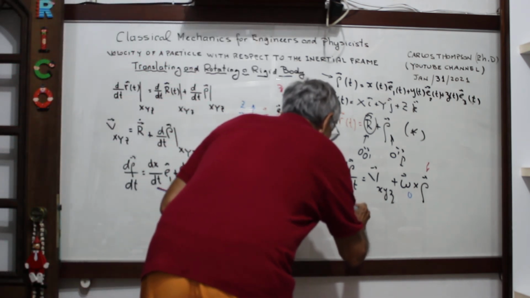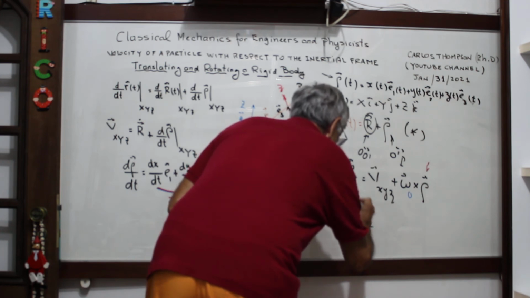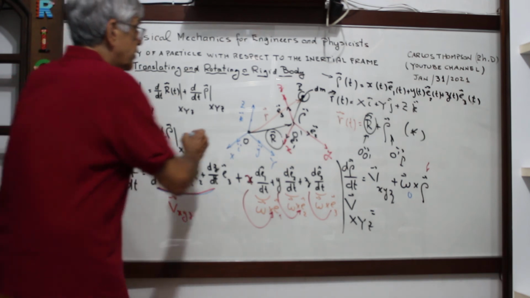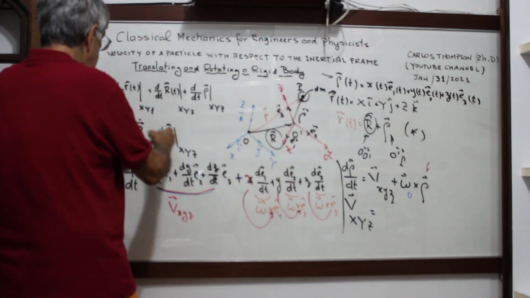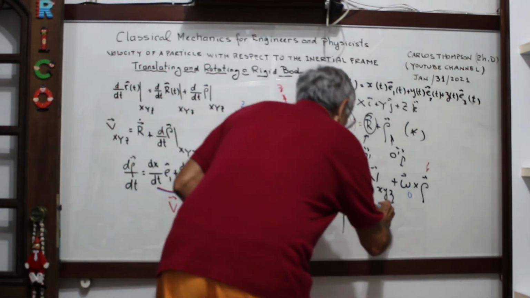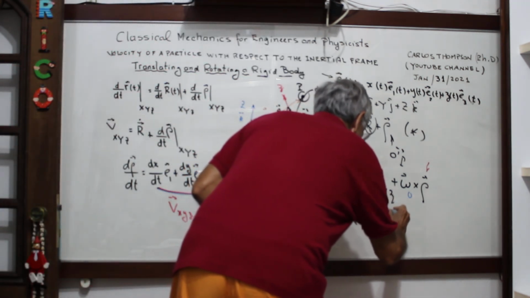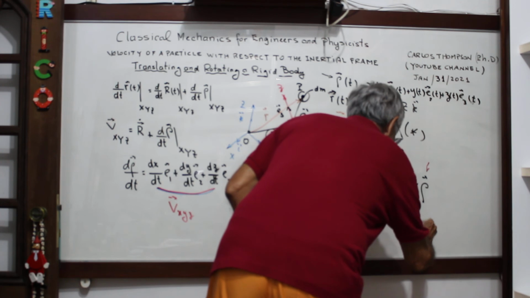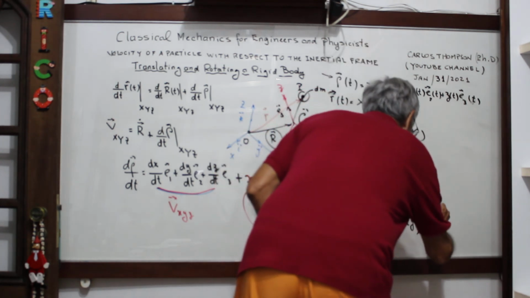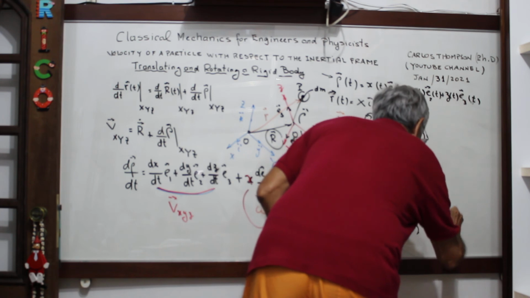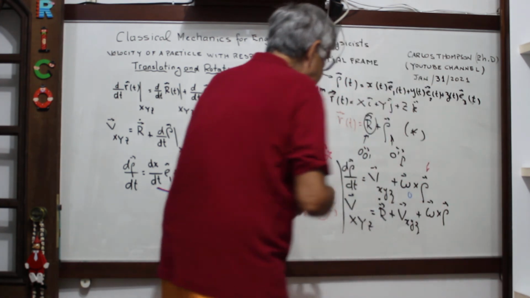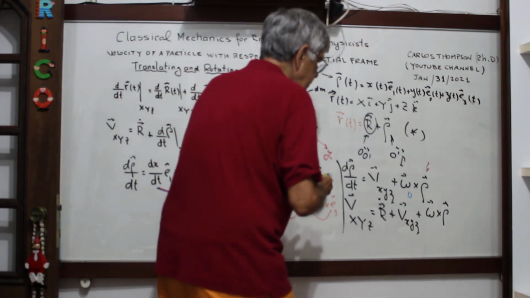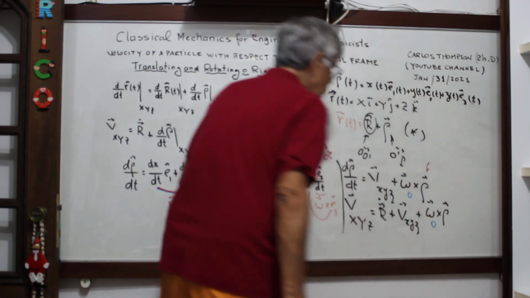So, V with respect to x, y, and z is equal to the velocity of the translation, I'll write down R dot, plus V xyz, plus, and don't forget, the omega vector with respect to O cross rho.